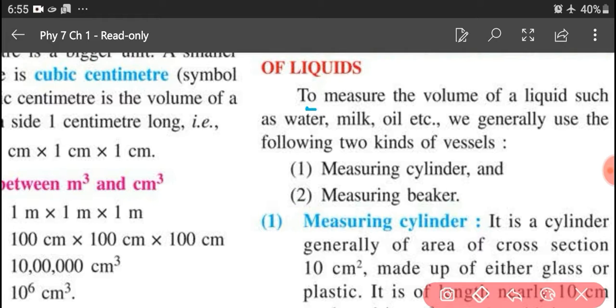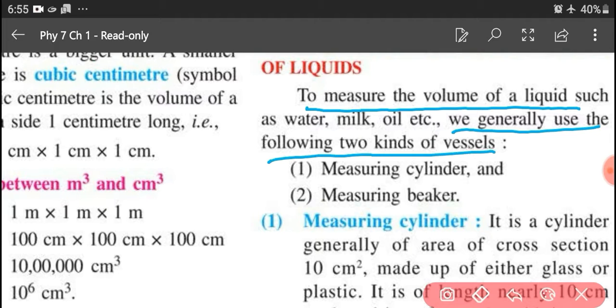To measure the volume of a liquid, we generally use the following two kinds of vessels. First one, measuring cylinder. Second one, measuring beaker.